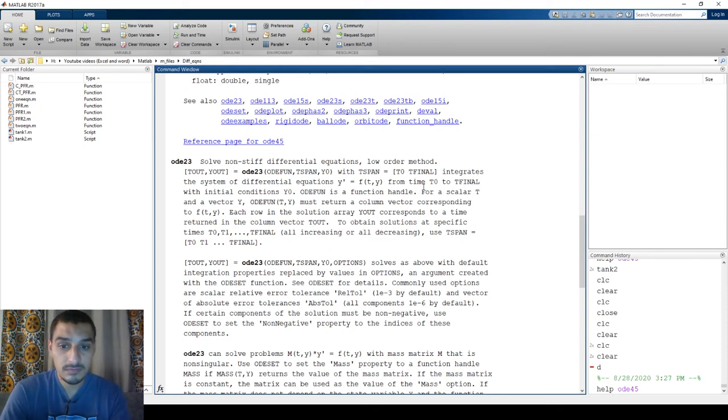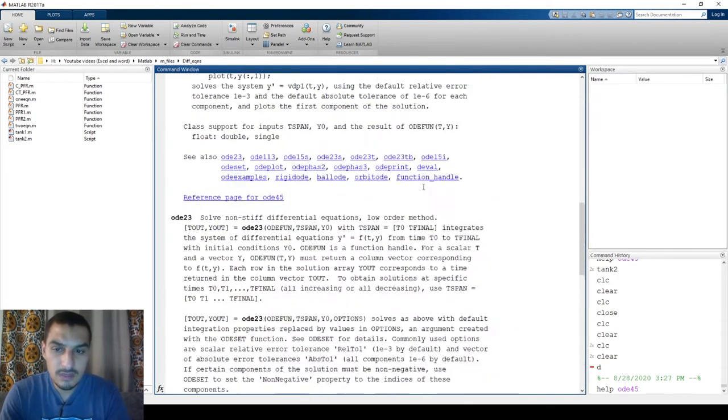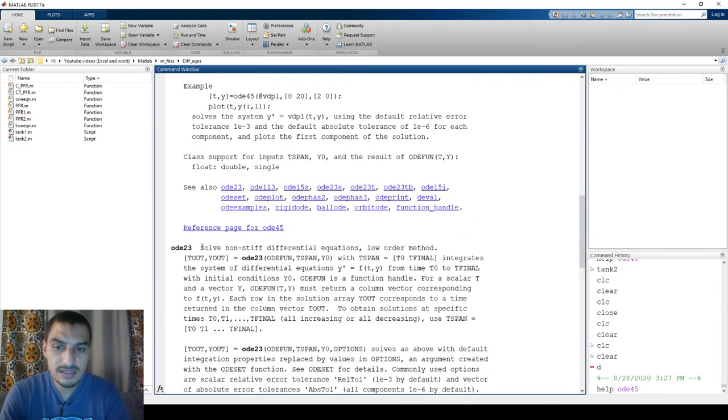At the end of the day, we are just users, or at least I am just a user. I need to find a way to get my problem solved. If this works, I'm okay with this. But the common thing between these two functions is that they solve non-stiff differential equations.